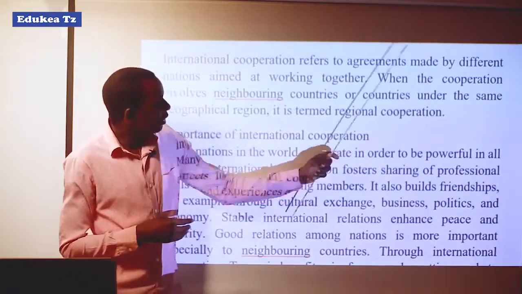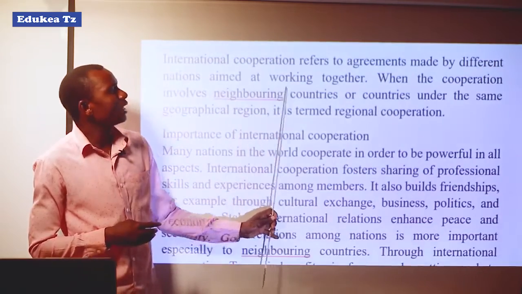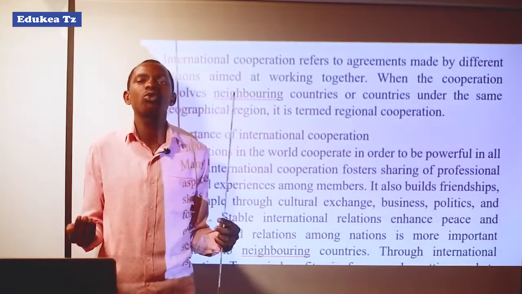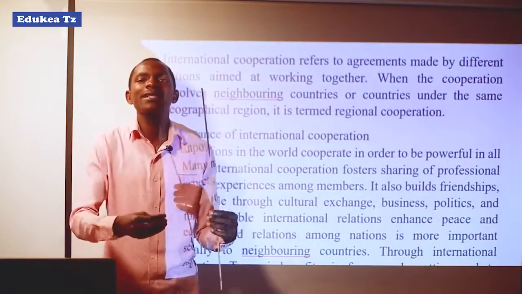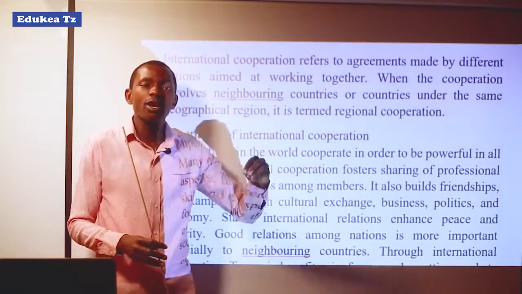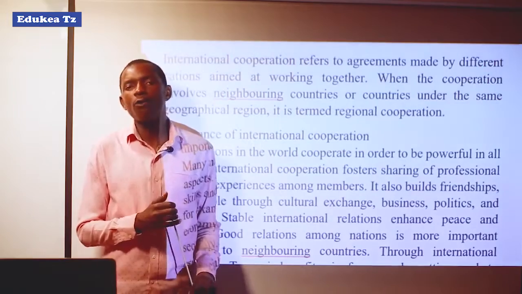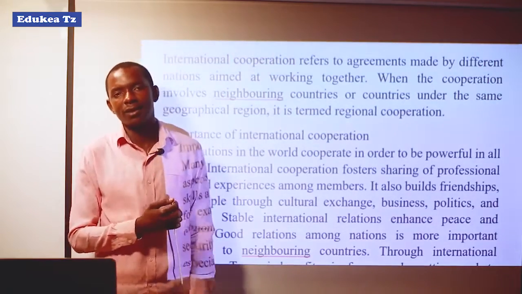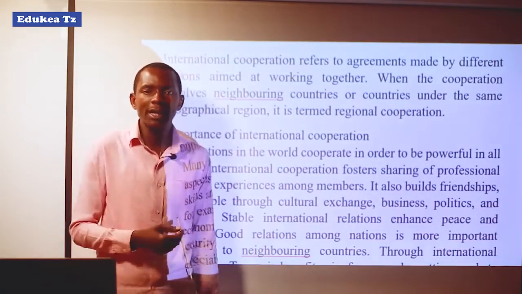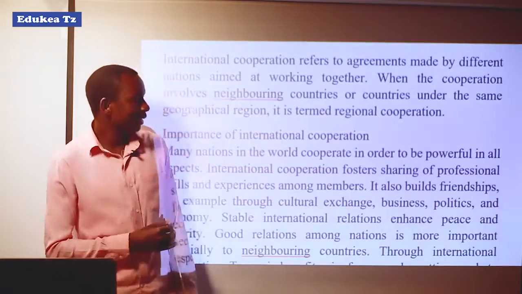So agreements made by different nations aimed at working together, to interact. That's why we interact in all aspects of life: economically, socially, politically, and among others.